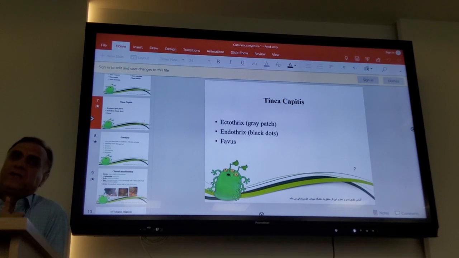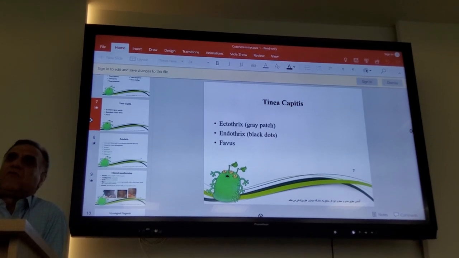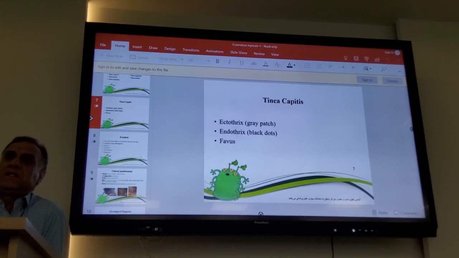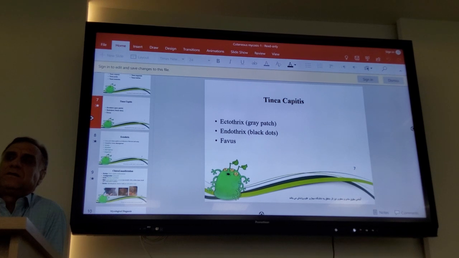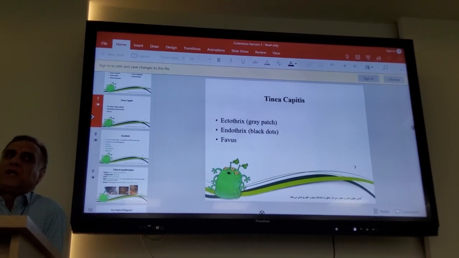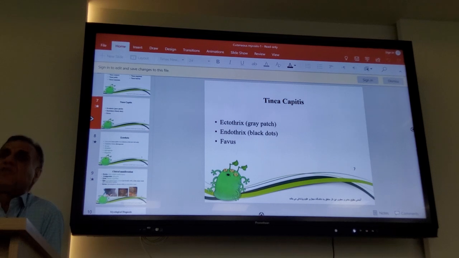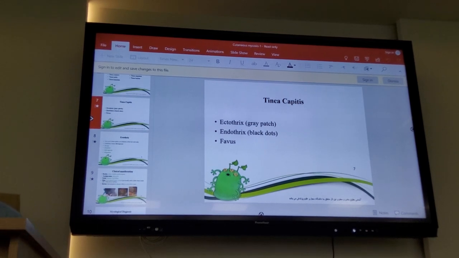Okay, another question. Why does tinea capitis produce ecto, endo, or favus? Why do we have three types of infection?